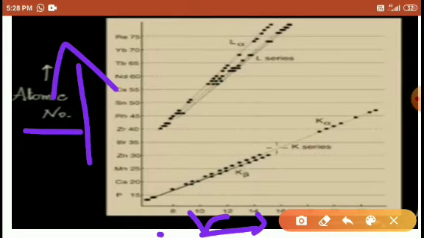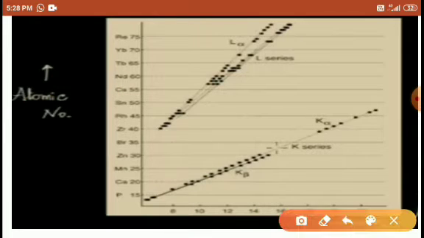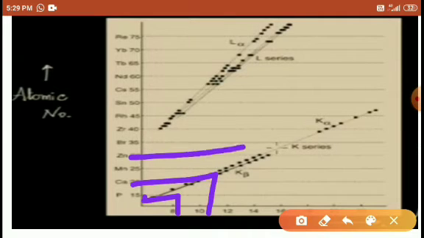Each atomic number gives a fixed frequency. Phosphorus gives a fixed frequency, calcium gives a fixed frequency, zinc gives a fixed frequency. So they are connected with each other. That is why he said the fundamental property of an element depends on the atomic number, not the atomic mass.